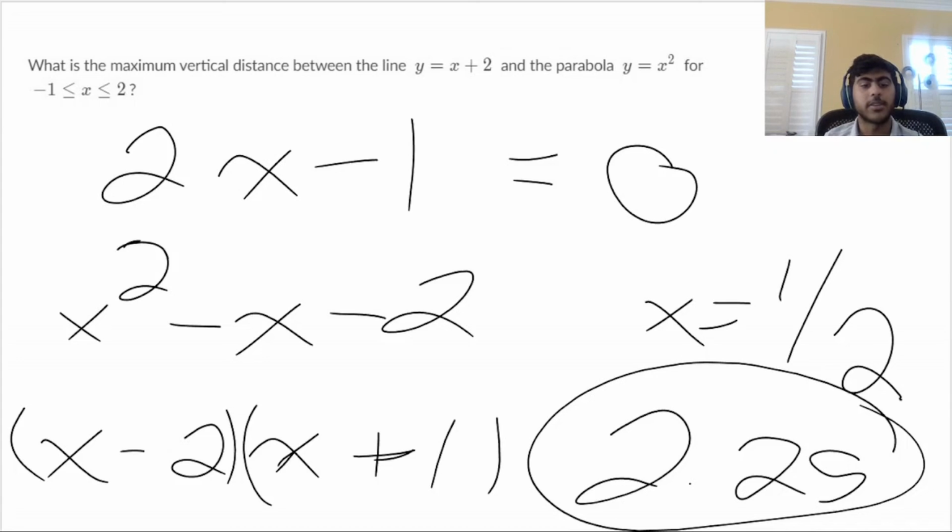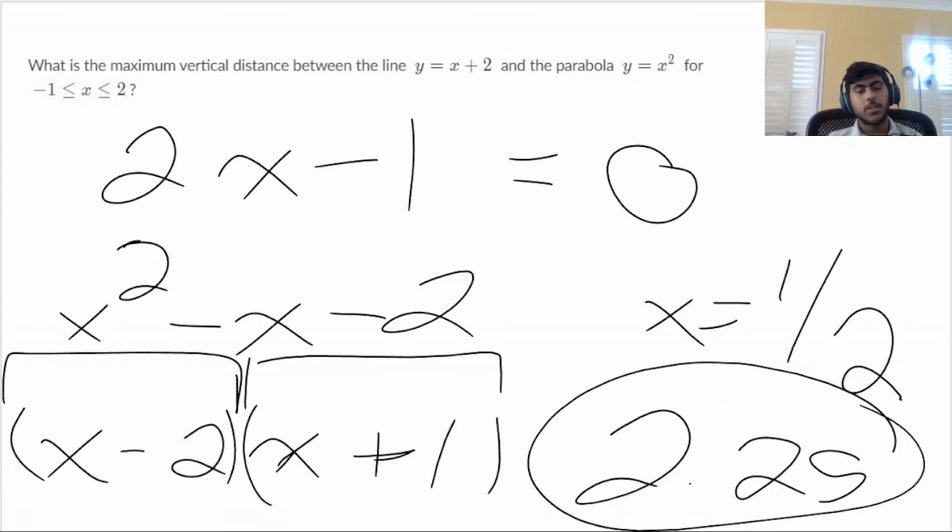You could have found this by thinking that you have this part here, and you have this part here, and you're going to multiply them, and if you multiply two things, they're always going to be the biggest when they're the closest. So if you plug in 1/2, you get negative 1.5 and 1.5. Since we're trying to find an absolute value, it's just going to be 1.5 times 1.5. That gives us our maximum vertical distance. Just an interesting thing I thought I'd throw out there.